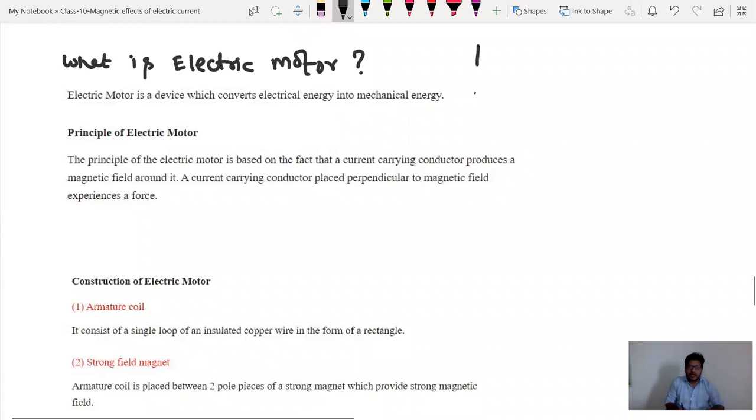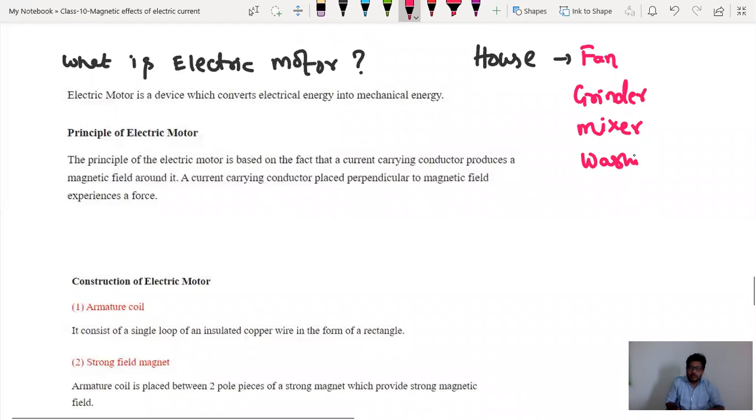So if you observe your house, you have a fan, grinder, mixer, and you can find a washing machine. If you observe everything, where you can find a motor, the input is electric energy and output is mechanical energy.